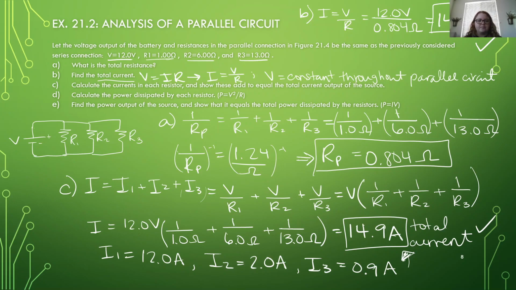Okay, all right, so this next part, we will be calculating the power dissipated by each resistor. And yet again, we are using another formula. Power is equal to voltage squared divided by resistance. So I'll go ahead and start to do that.